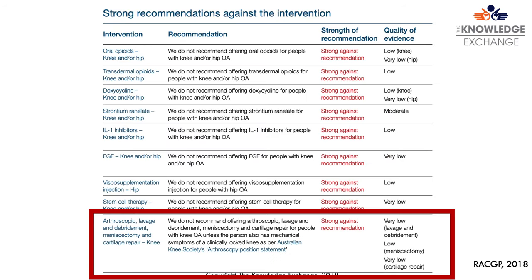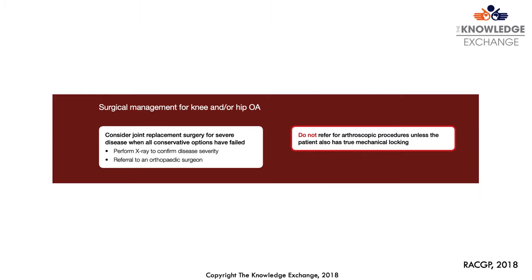When we look at the RACGP guidelines, we can see strong evidence against the use of arthroscopy and similar surgeries such as debridement and meniscectomies with cartilage repair within the knee joint. When we look at surgical management on the RACGP guidelines website, for knee and/or hip osteoarthritis, it states: consider joint replacement surgery for severe disease when all conservative options have failed.